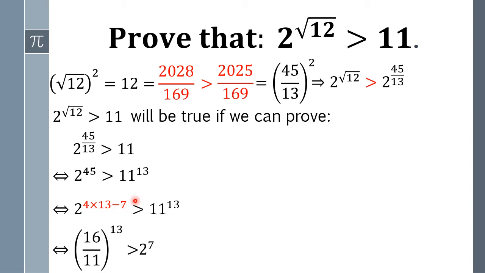And we translate this inequality to 16 over 11 to the power of 13 larger than 2 to the power of 7. And similar to what we did before, we will use the binomial expansion to estimate the left side value.